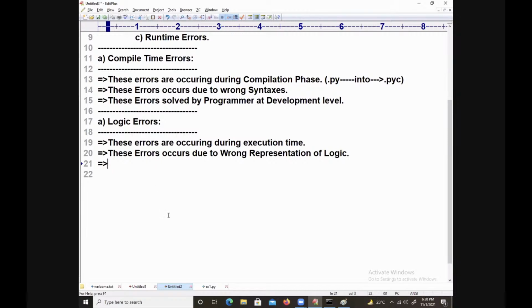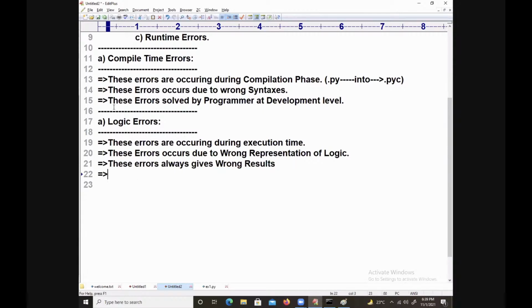Due to logical errors, these errors always give wrong results.